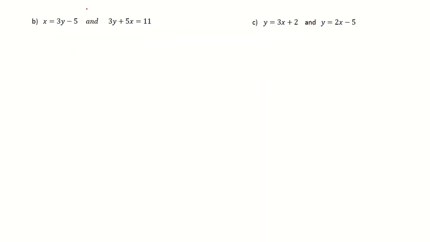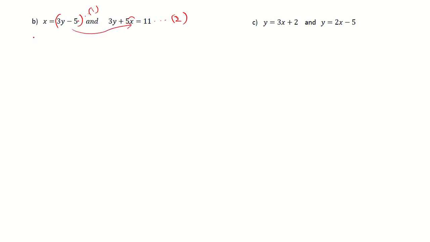So again, always start off by labeling your equations as 1 and 2. Work out which one is written in terms of 1 variable. So you're looking for your x equals or your y equals. In this case, I don't have a y equals, but I have an x equals something. So x equals this. So I can replace x in this equation with this.